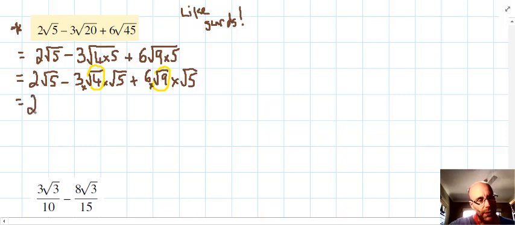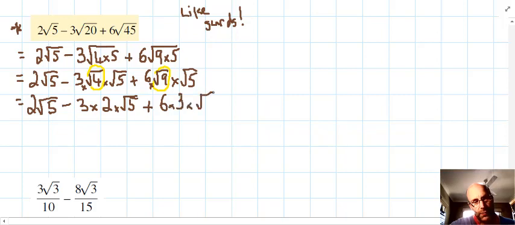So 2 root 5. Now the yellow circles, I'm going to simplify the terms inside them. 3 times square root of 4 is 2, times root 5, plus 6 times square root of 9 is 3, times square root of 5.